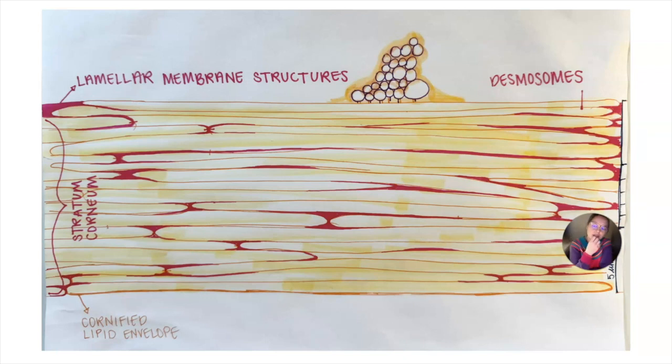So this is the stratum corneum. It can be anywhere between 15 to 30 layers of corneocyte cells. They're attached with desmosomes, and they're wrapped in the cornified lipid layer, and inside of them is a bunch of keratin.